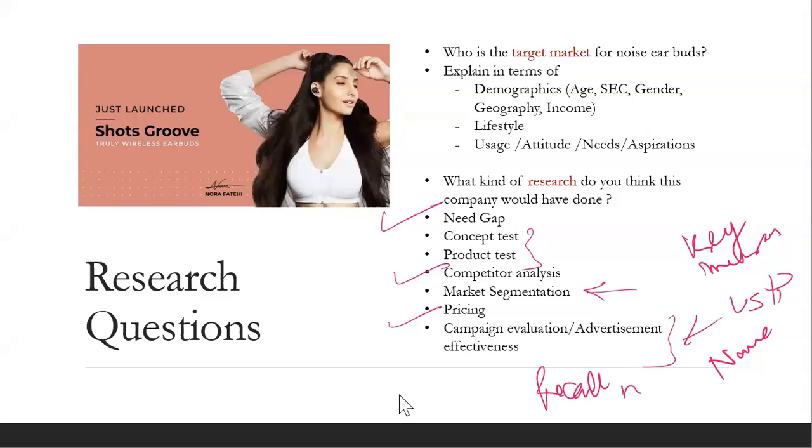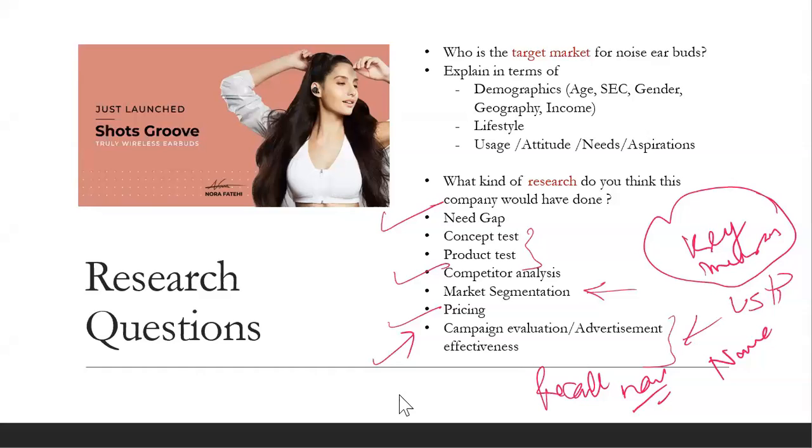Yes, ma'am. Okay. And the USP, the key message coming in your ad, whether the person is able to understand and recall. Which brand this ad is of, what the key messages are, all these come under campaign evaluation.